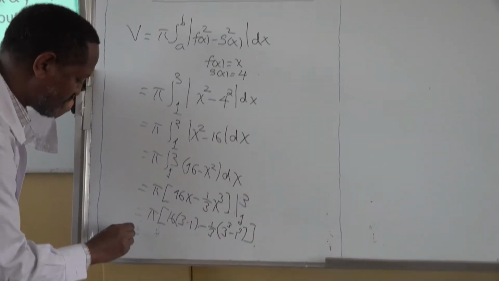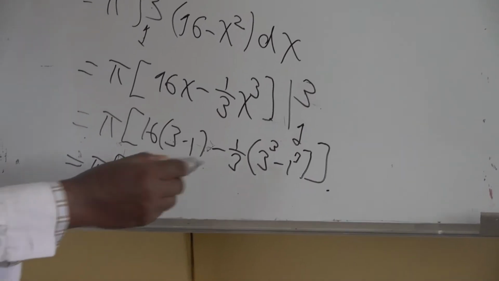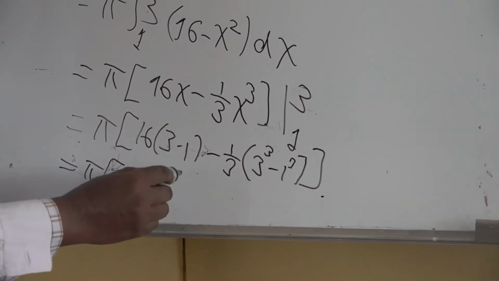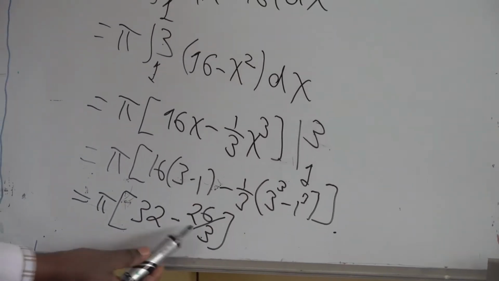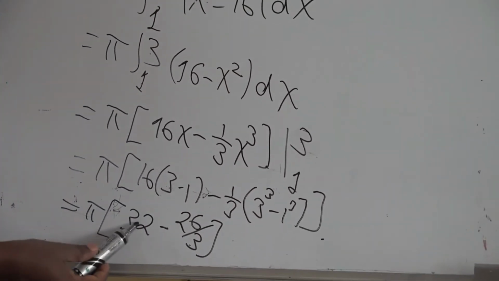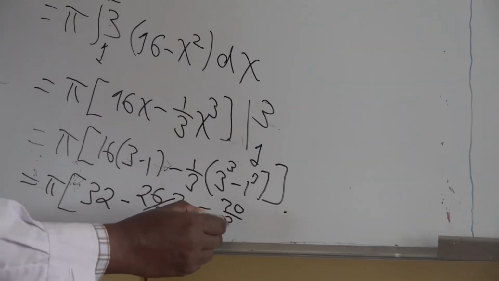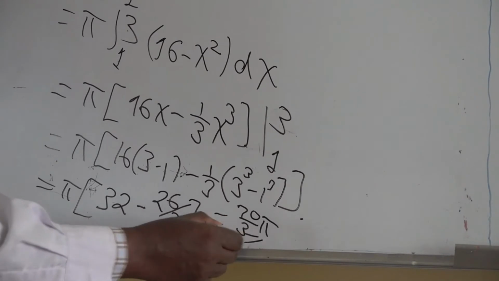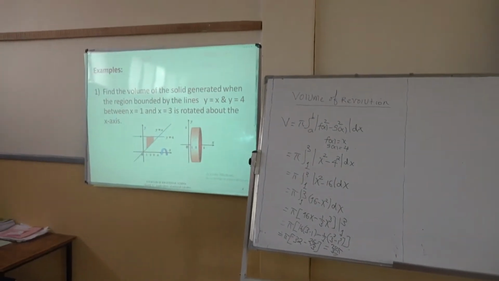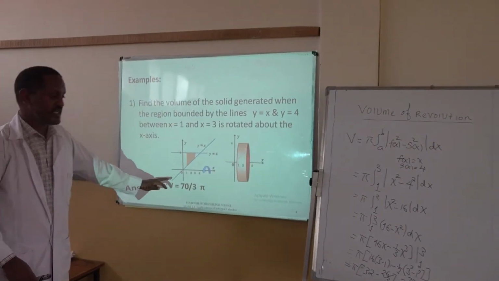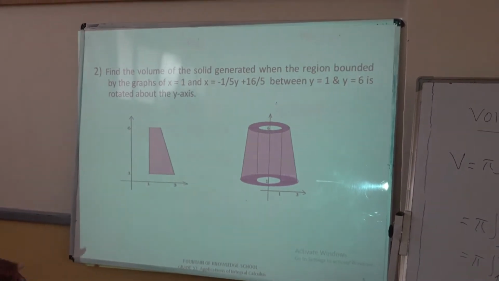So you'll have pi times 16 times 2 is 32 minus, this is 27 minus 1, 26, 26 over 3. 3 times 32 is 96, 96 minus 26 is 70. So you'll have 70 over 3 pi. This is the volume of this solid figure. 70 over 3 pi.